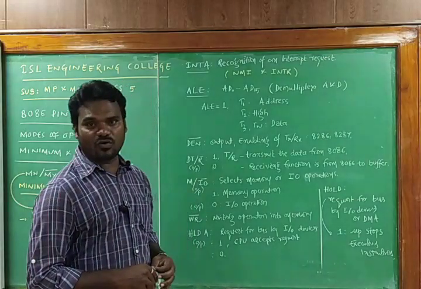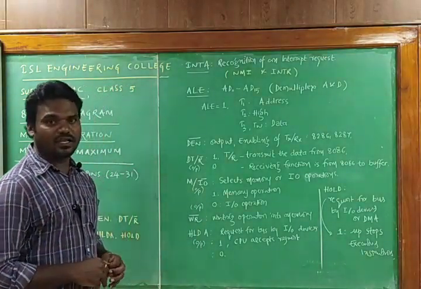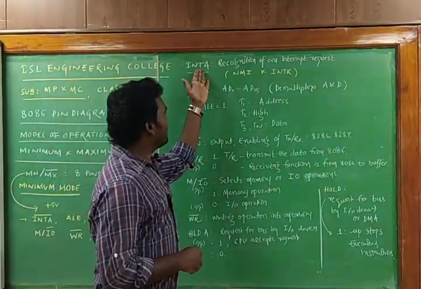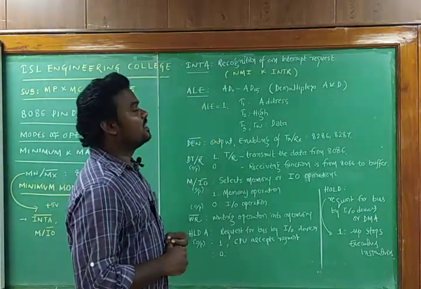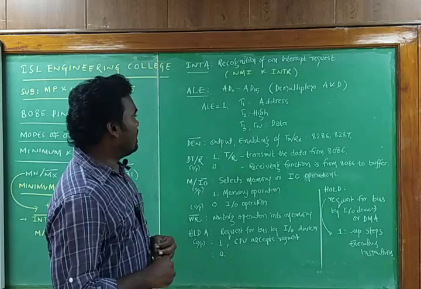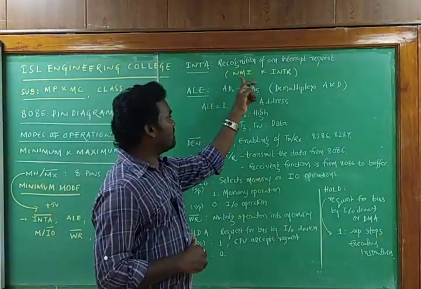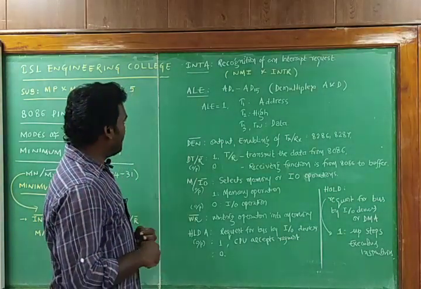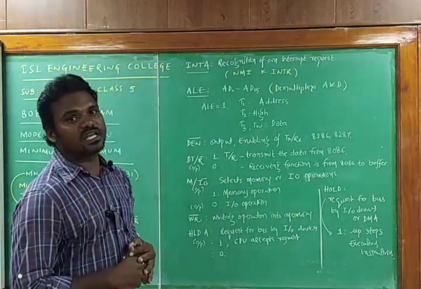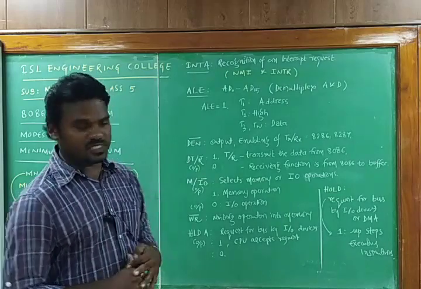It is an active low signal. Whenever this signal is 0, that means an interrupt from the non-maskable interrupt or the interrupt signal has been recognized and the processor is serving that particular interrupt.